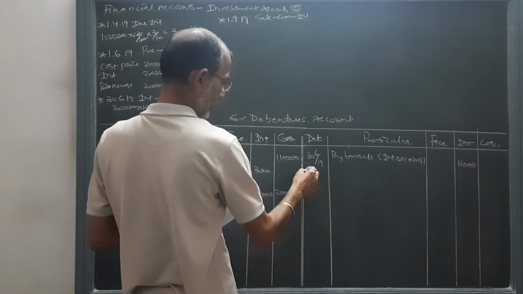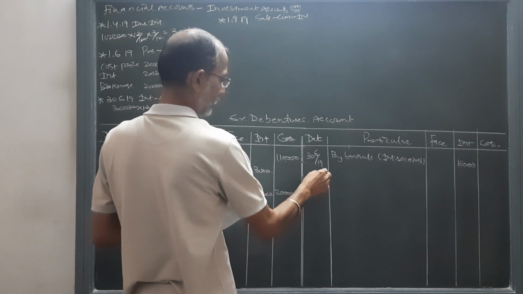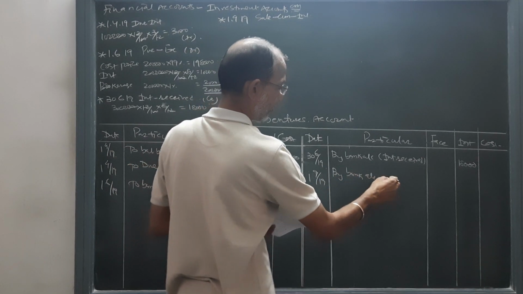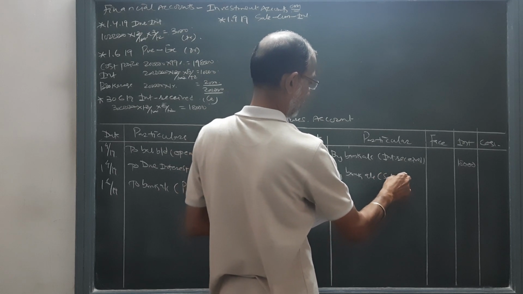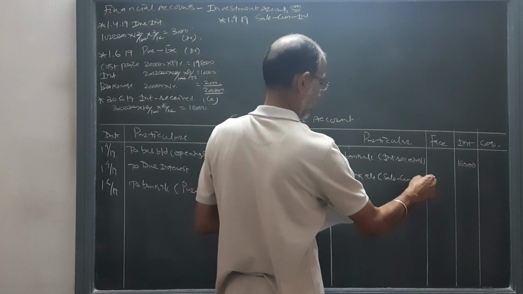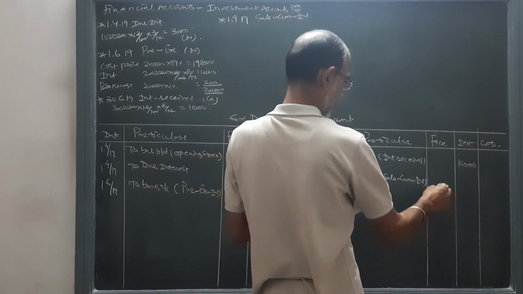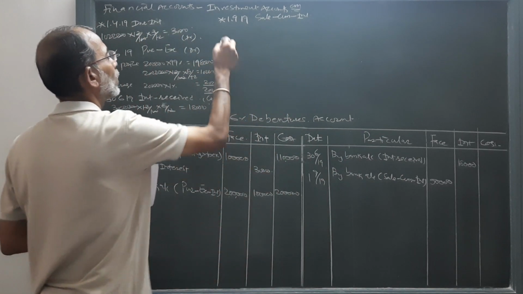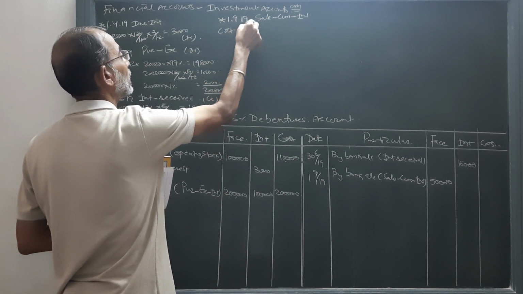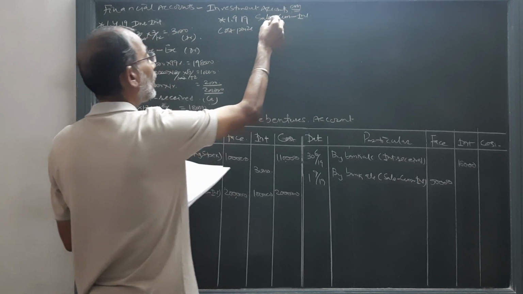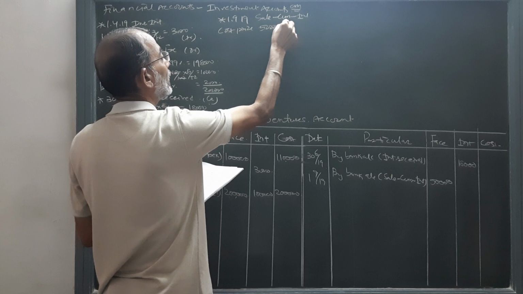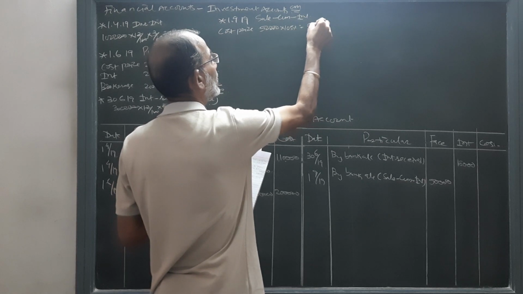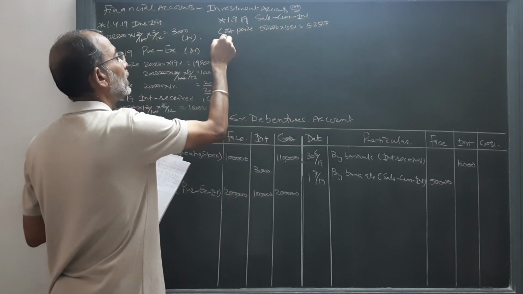Then after we will come on the date of 1/9/19, sale cum interest. Sale will be written on credit side: 1/9/19 by bank account, sale cum interest. Face value is 50,000. Then cost price 50,000 into 105 percentage, so that will be 52,500.